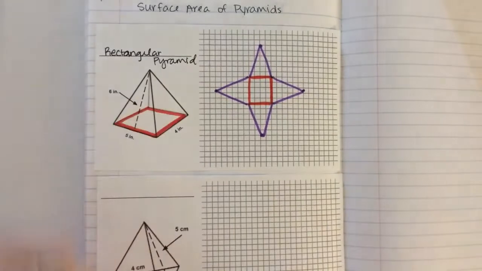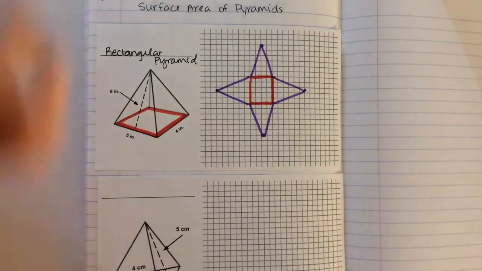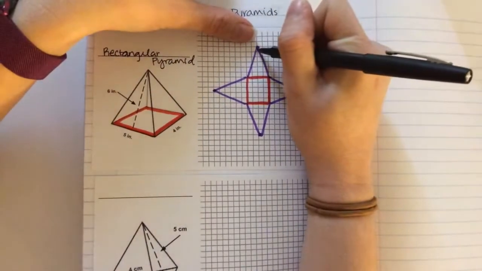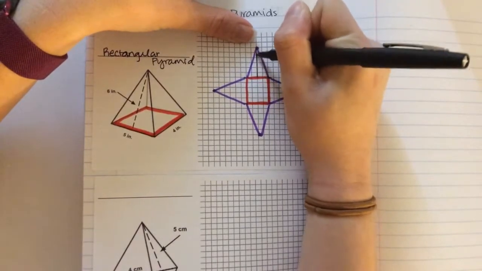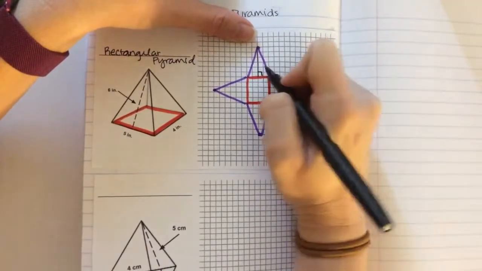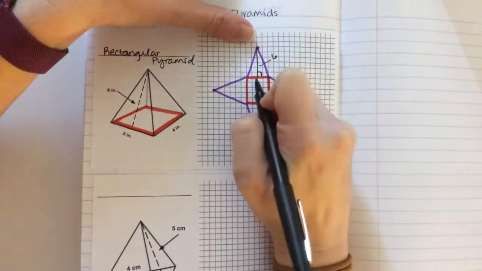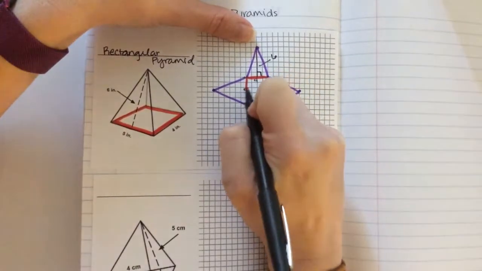It doesn't need to be perfect, you just need to be able to see the picture. Okay, so we know that the height, with your pencil, is what? 6 inches. And this is 4 by 5.